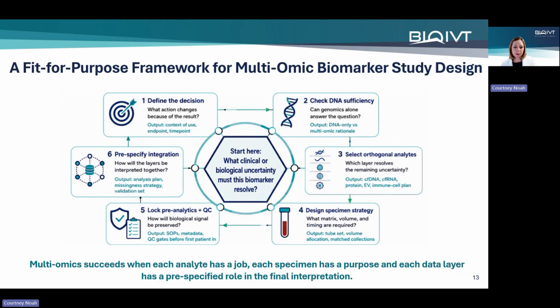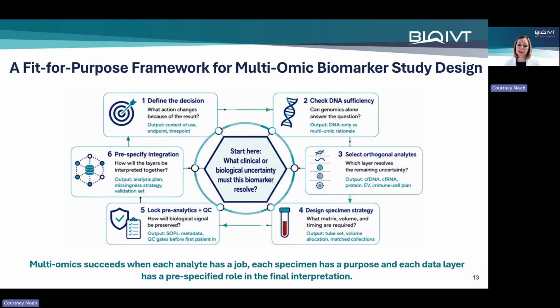A new platform becomes available, and sometimes the temptation is to measure everything that's possible because the technology allows us to do it. But you have to be really careful here. Generating data, as I said, is not the same thing as generating insight. The guiding principle I really want to drill home is that every analyte should have a clearly defined role before the study begins.